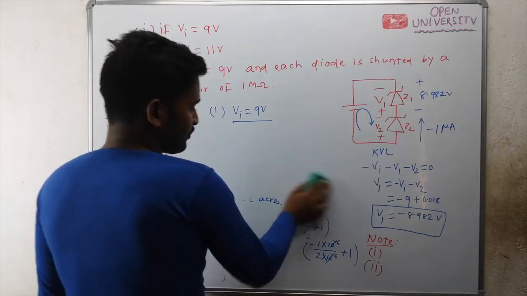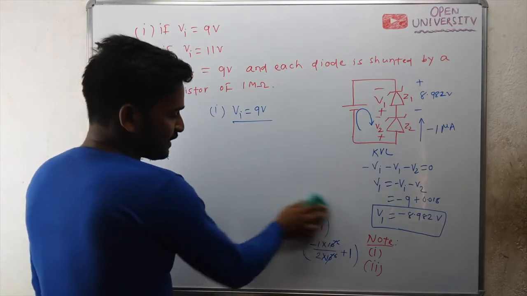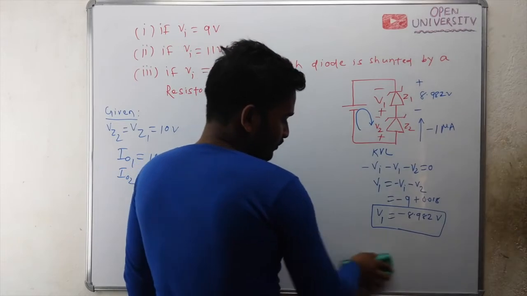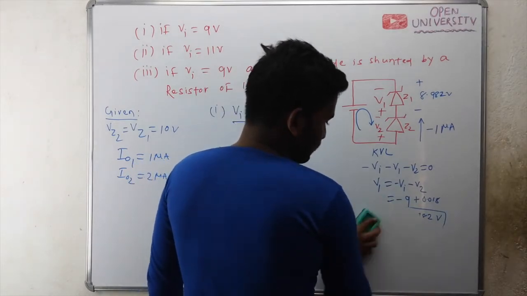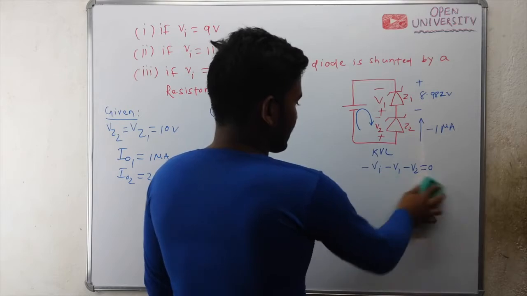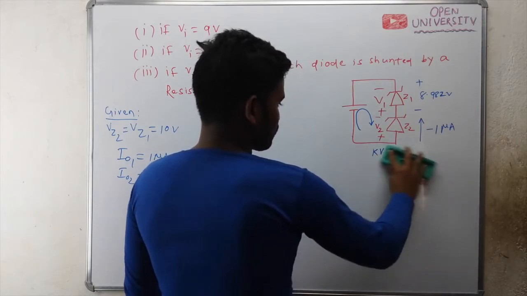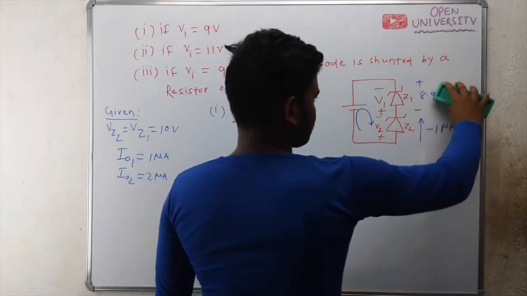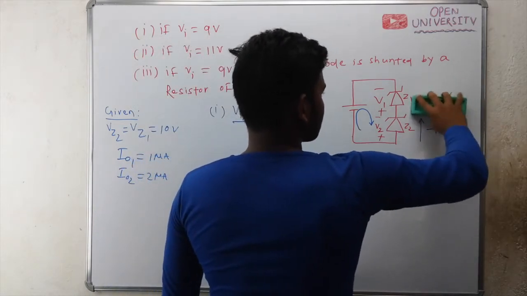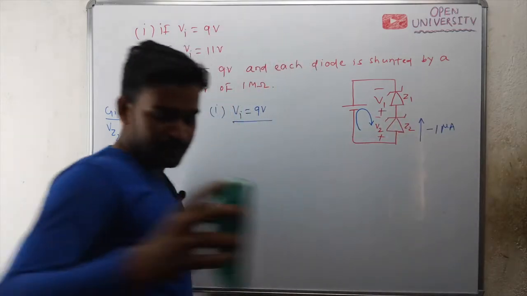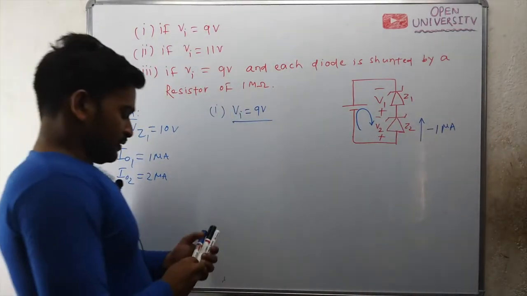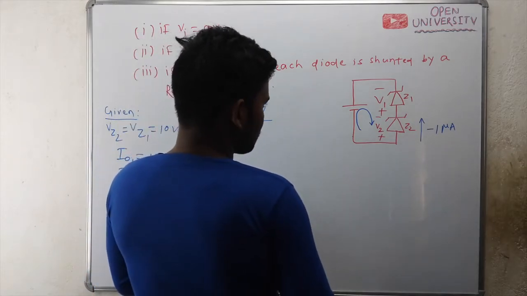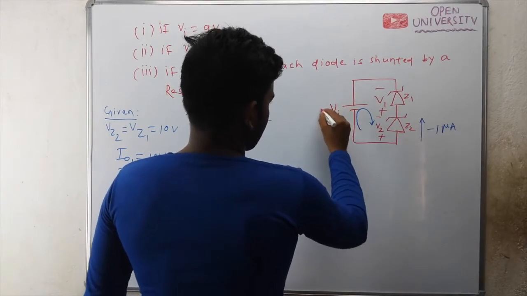Use the same method to calculate the voltage across any one of the diodes using the equation of the diode. After knowing the voltage across one diode, apply KVL to get the voltage across the other diode. I will use the same process to calculate the voltage across each diode when input voltage is 11 volt.